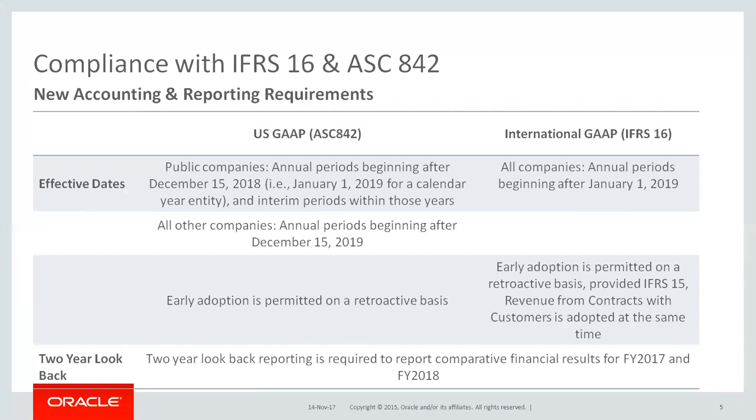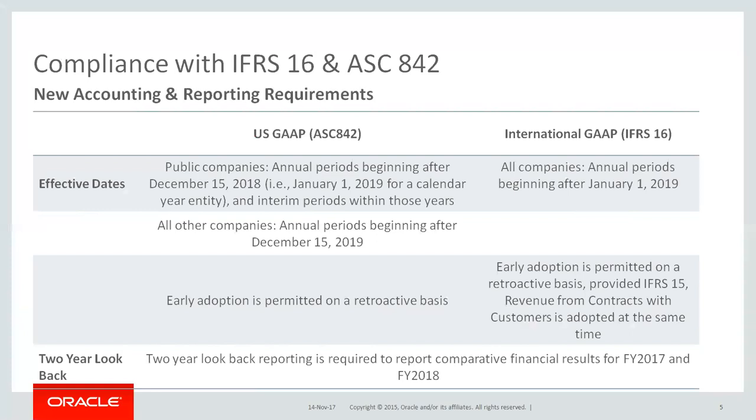If somebody is following the full retrospective method, then there is a 2-year look back period. What do I mean by look back period? The accounting standard tells the users to implement these accounting standards as of January 2017 and keep maintaining these balances. So when they report their financials, they need to complement their reports or financial statements with 2-year look back accounting reports.